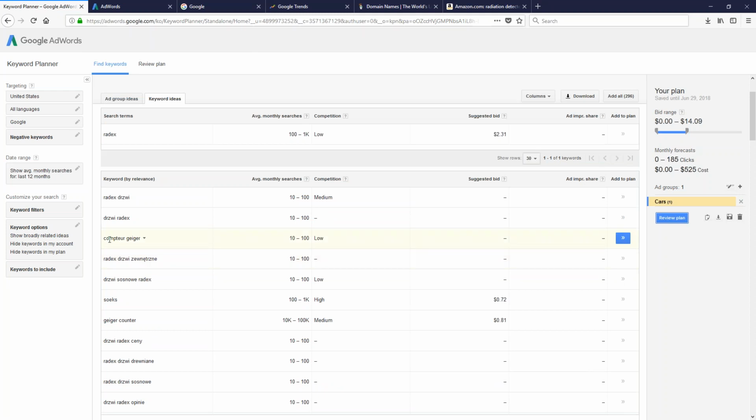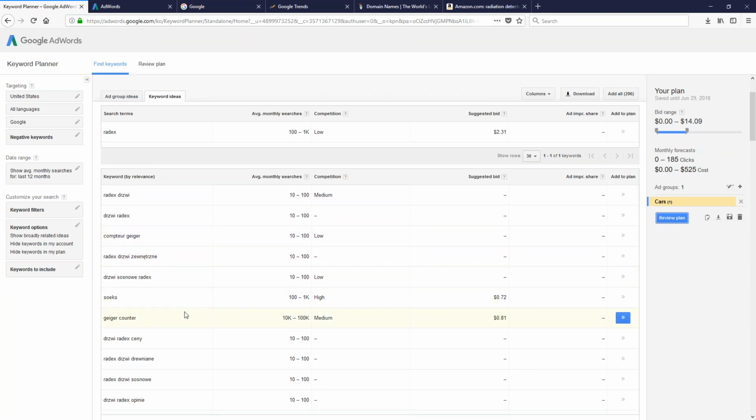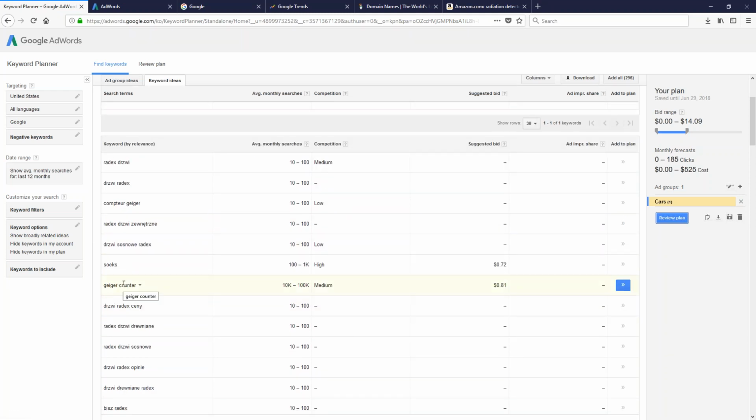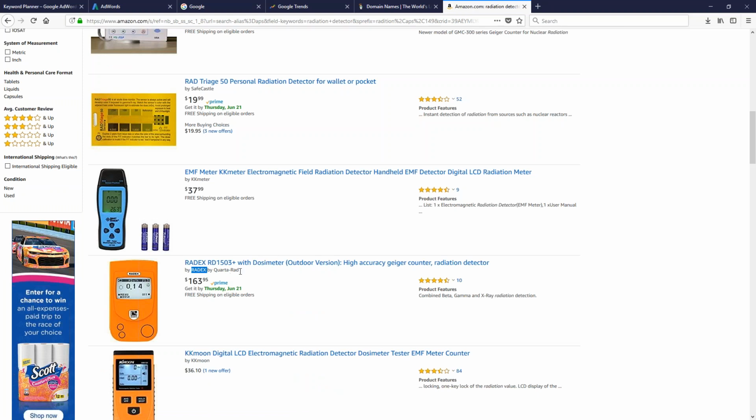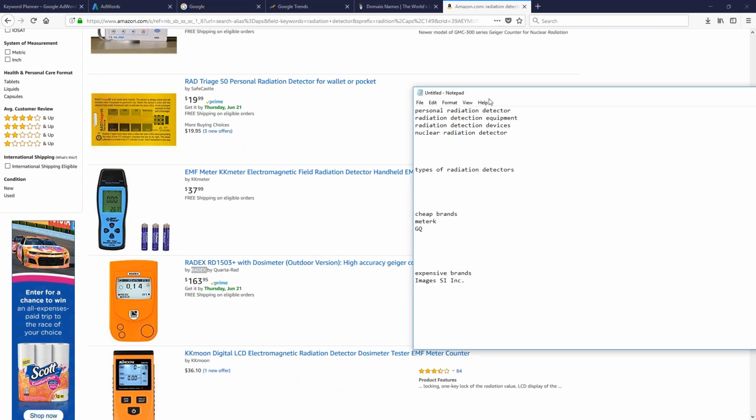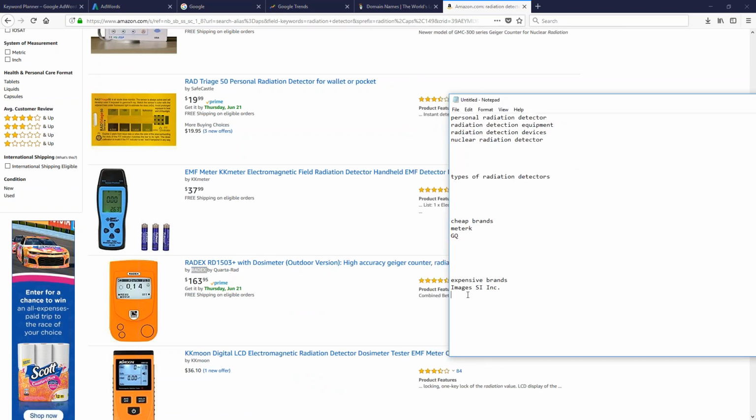Any of these relational terms, I see good relational words there. So chances are this brand might only be for these Geiger counters. So that would definitely be a good one to add to the list. And it's also a little more on the expensive side too.